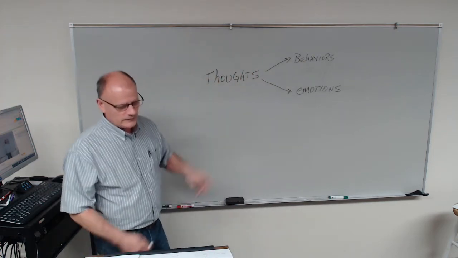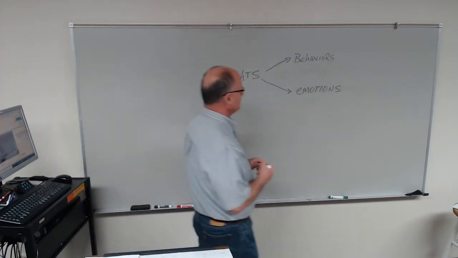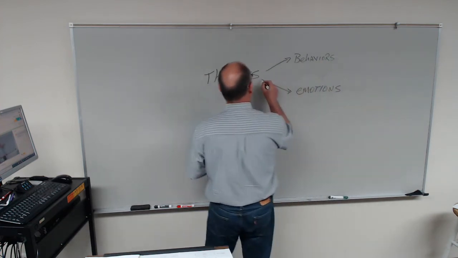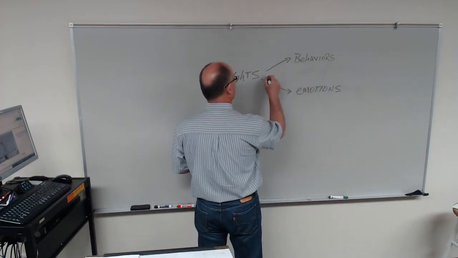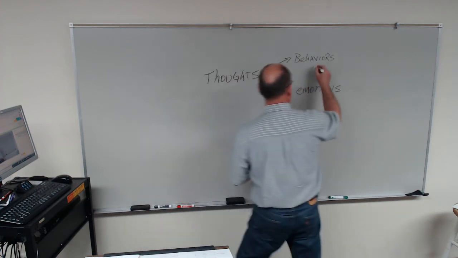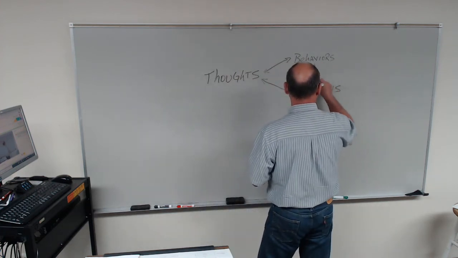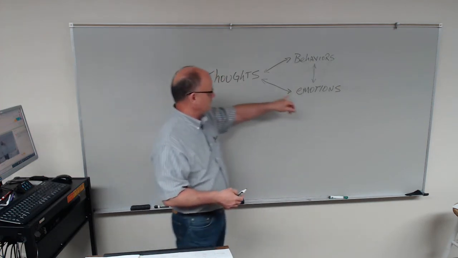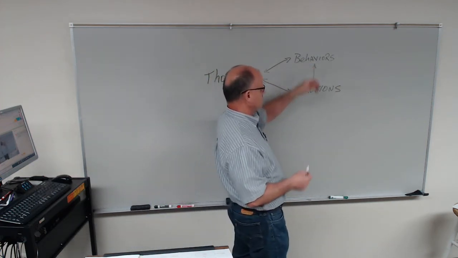It's going to go one way, but here's the neat thing about it too. Even though I started off with thoughts, and said that it's going to translate over to emotions, it's also going to do the reverse.